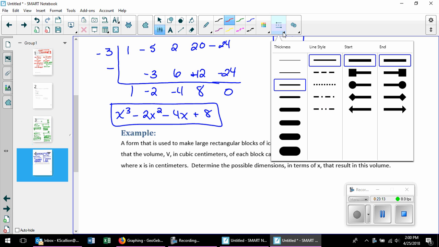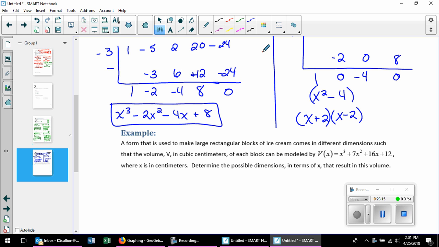Okay, so we have x minus 3, x plus 2, x minus 2, and x minus 2, multiplicity of 2. So for those of us who have no clue what multiplicity is, I promise it's coming up.